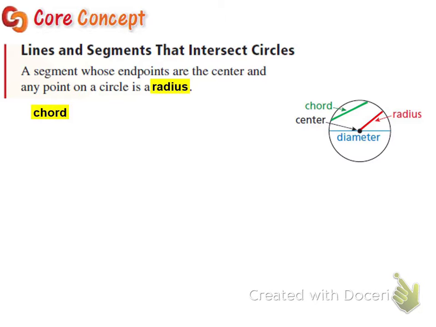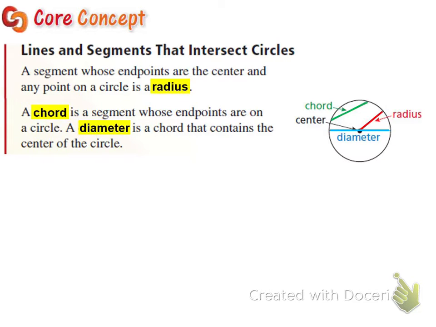And then a diameter is the last one. The diameter is a type of chord. It is a chord that goes through the center of the circle. So a diameter is a very specific type of chord. It still goes edge to edge, but it goes through the center.